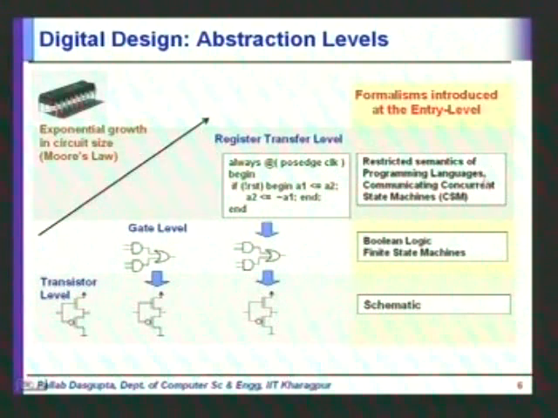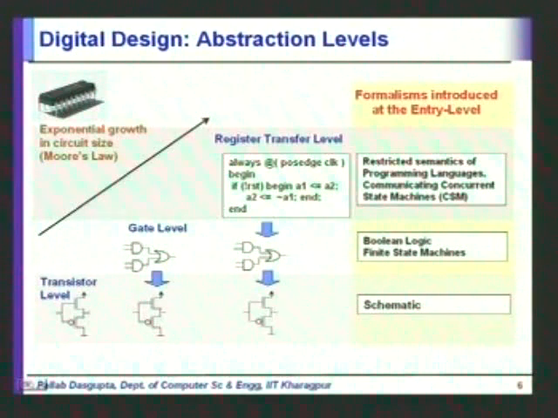Now raising it even further has the following problem, which is very important to understand. There is one thing which binds all of these, and that is logical equivalence. See, whether you specify here or here, the bottom line is it exactly specifies a digital circuit.